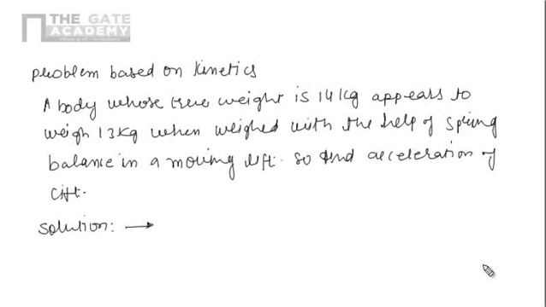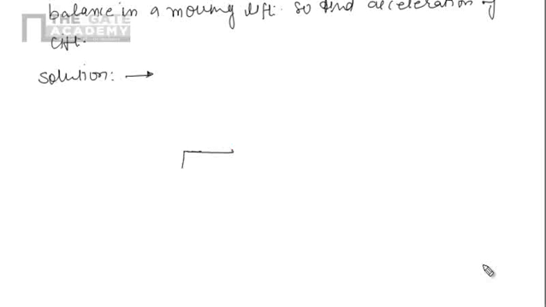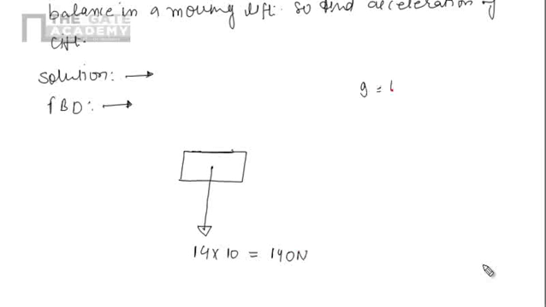So now let's draw the free body diagram here. FBD is for free body diagram. Here the weight is acting in the downward direction, that is 14 into 10, because I am considering g equals to 10 meter per second square, and this one is the reaction. Motion is in the downward direction.